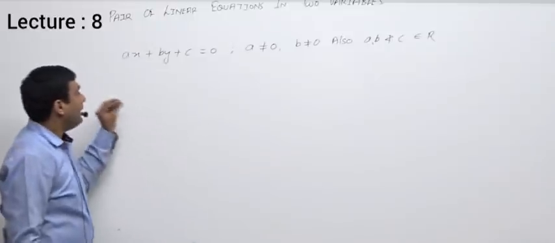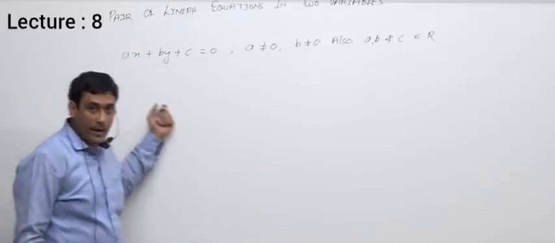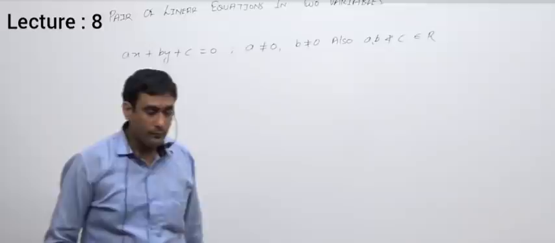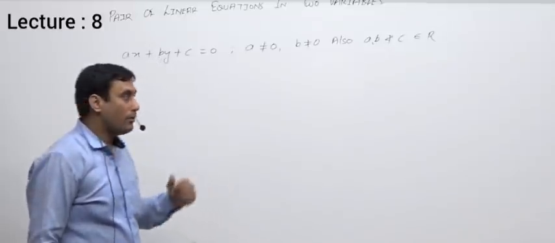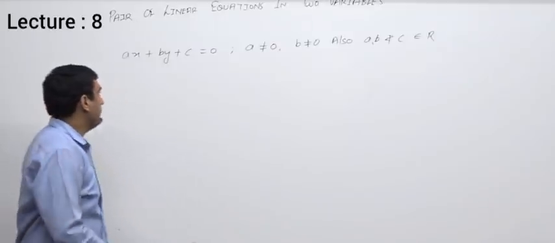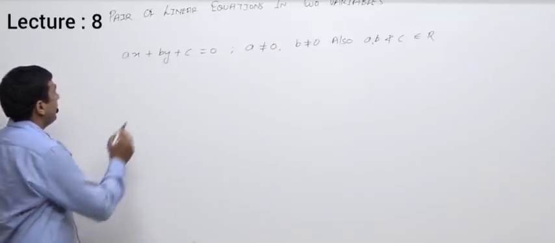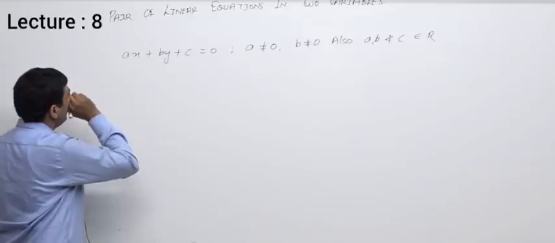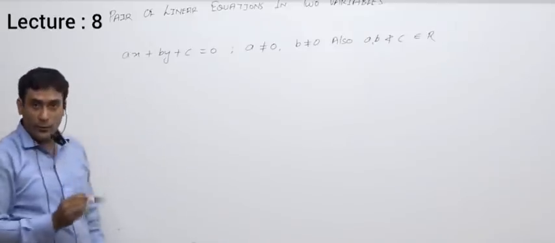Now any set of values of x and y is called a solution of the linear equation in two variables. Okay, now we'll see the pair of linear equations in two variables.